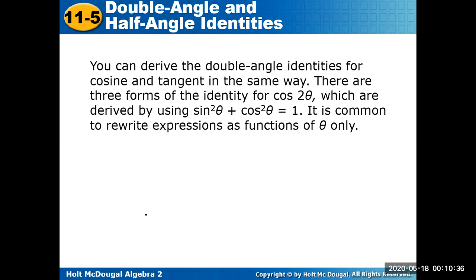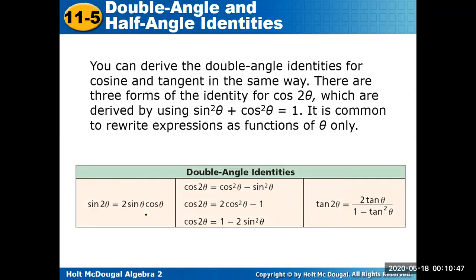Similarly, we can derive the other identities for cosine 2 theta. There are 3 forms for cosine 2 theta, and then there is 1 form for tan 2 theta. These are the identities, and it's better if you can memorize them quickly.